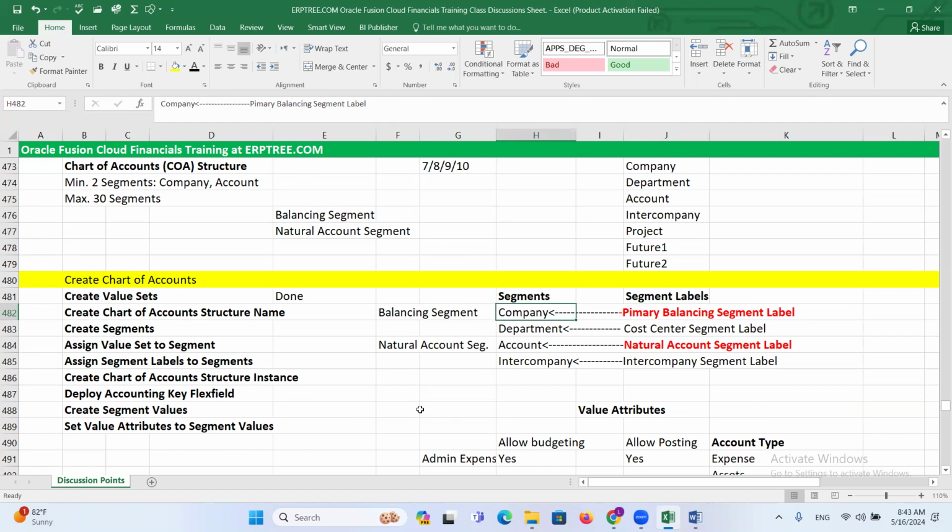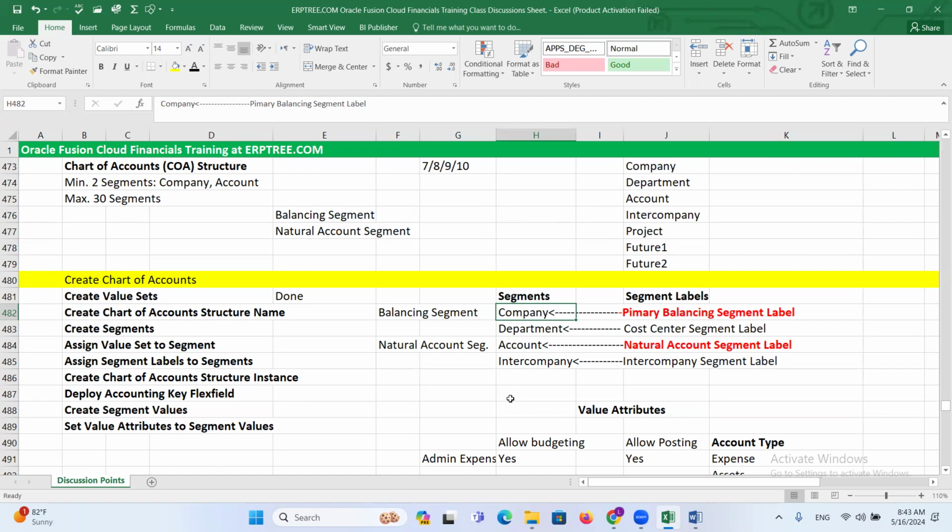The point is, whichever segment is very critical for you to prepare the reports, that segment we have to take as the primary balancing segment label assignment. The remaining segments you should qualify as we discussed. And you should not use the secondary balancing segment for a department, and the third balancing segment label for another segment.